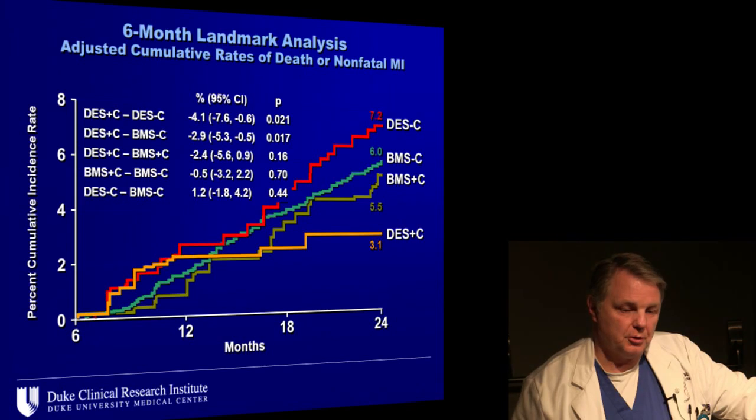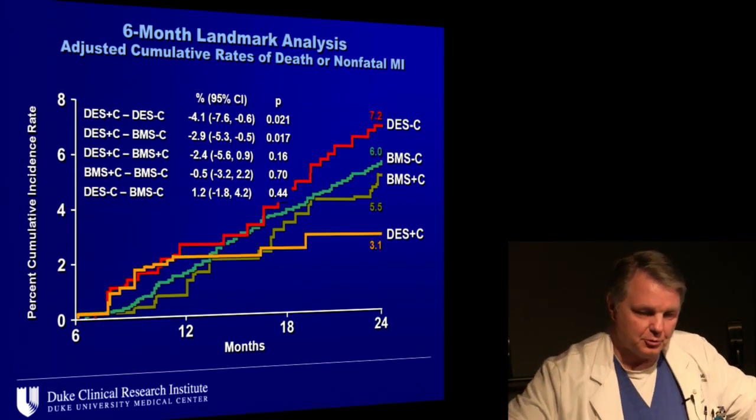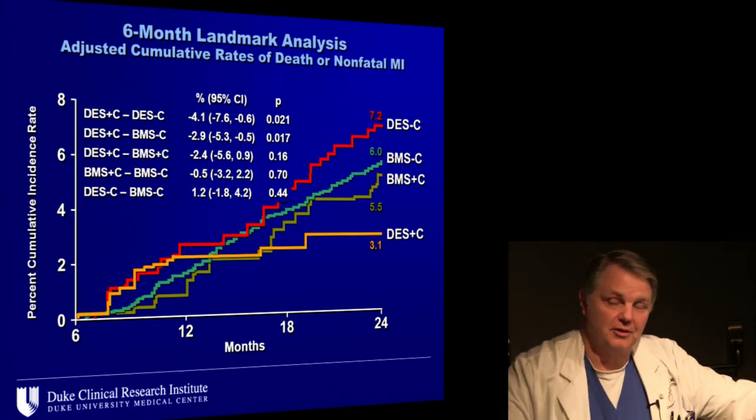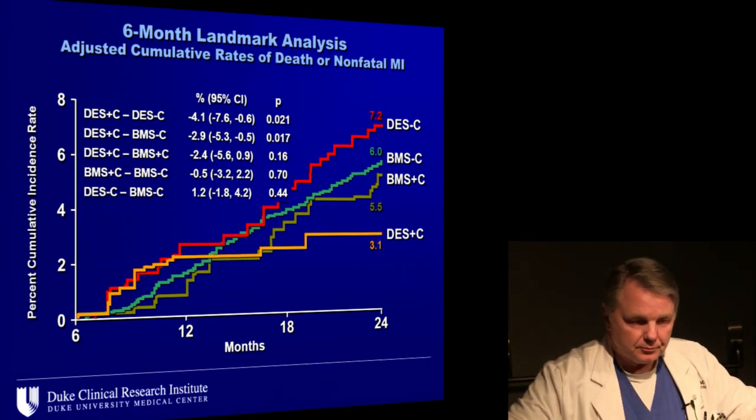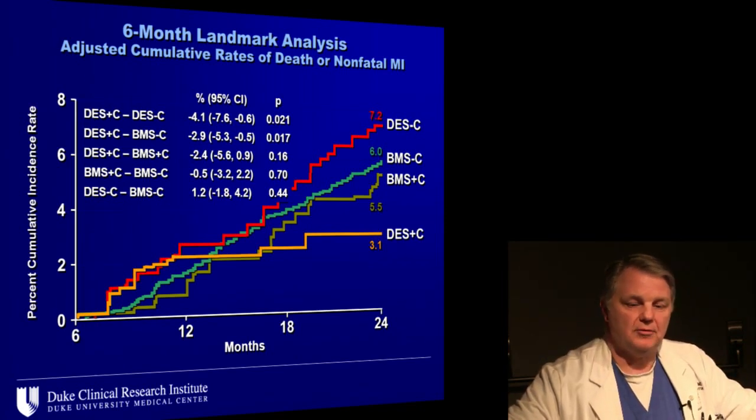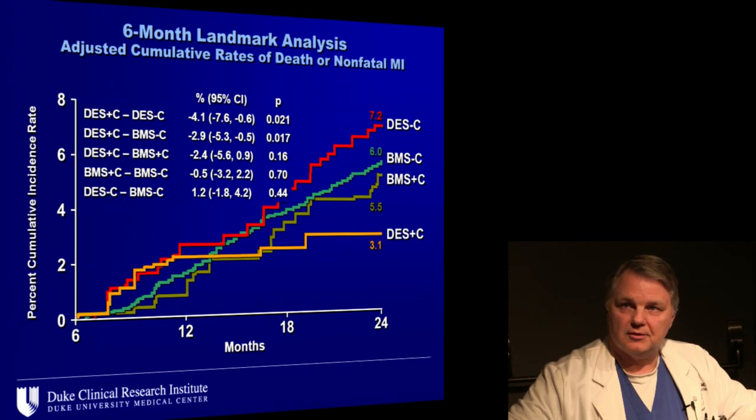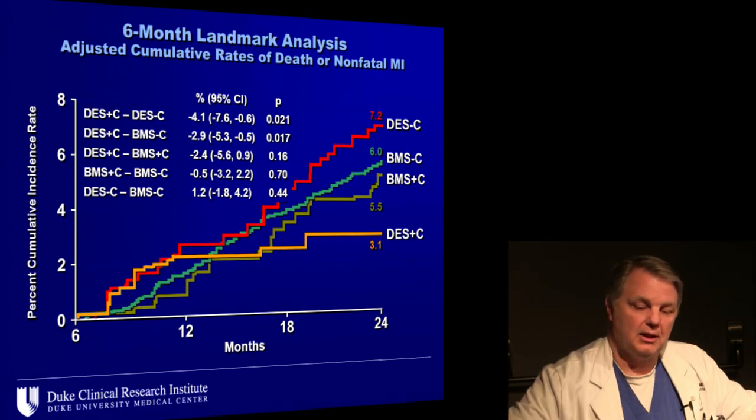I just want to show you, because you're all Duke fellows, this is actually the Duke Cardiovascular Data Bank data on long-term use of clopidogrel and drug-eluting stents. And what you can see, if you have in red drug-eluting stents and no clopidogrel after 6 months, you have a much higher adverse event rate than if you were a patient in yellow with drug-eluting stent and were treated with long-term clopidogrel.